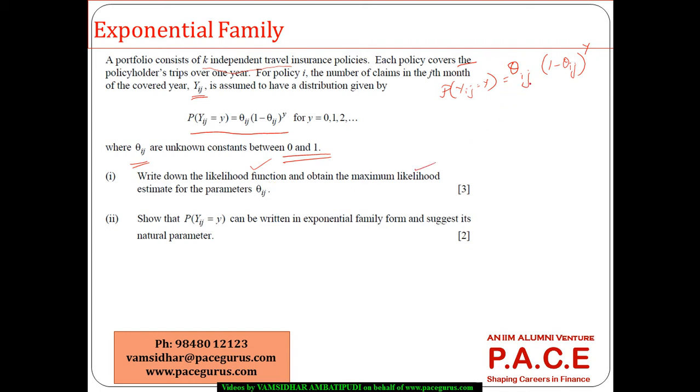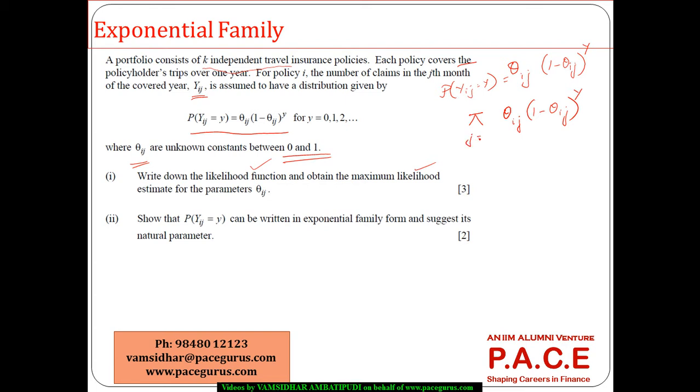Now what is the likelihood function? This is the probability function, and it has to be multiplied over all the months because this is for each month.